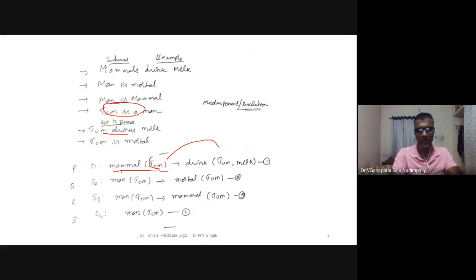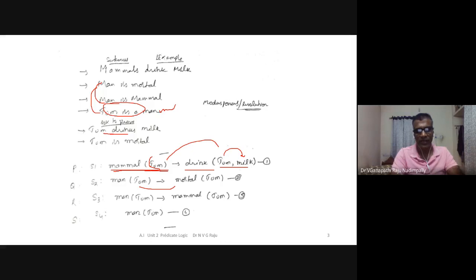First, let me take mammal Tom drinks milk. Here, Tom drinks milk. Infer it. In the same way, from the second sentence, Tom is a mortal. Are you getting me? Now I can say that Tom is a mortal and man is a mammal.